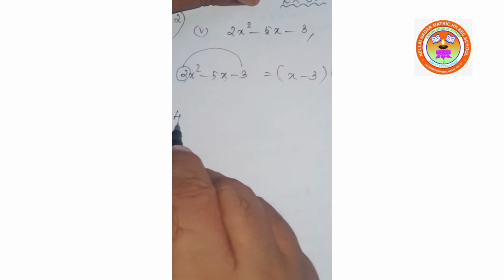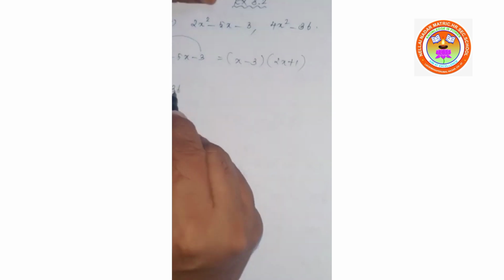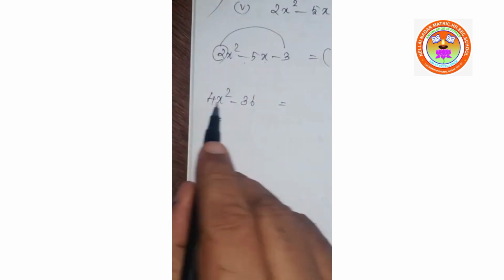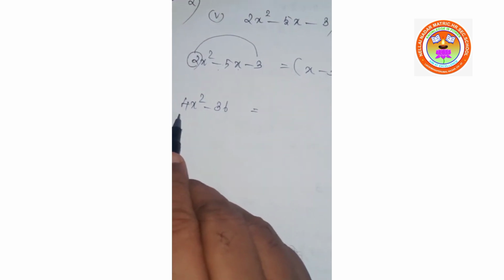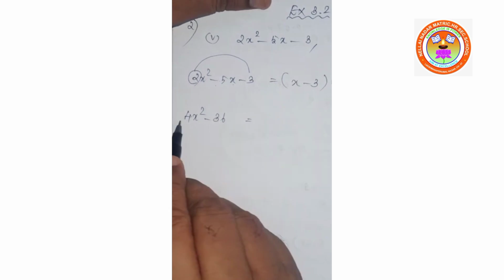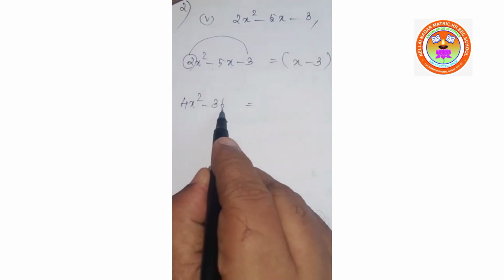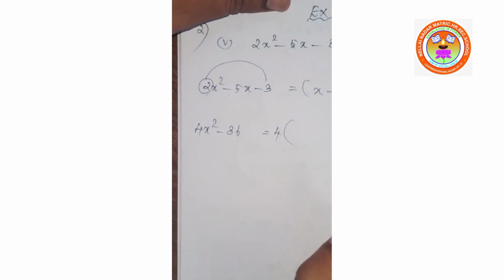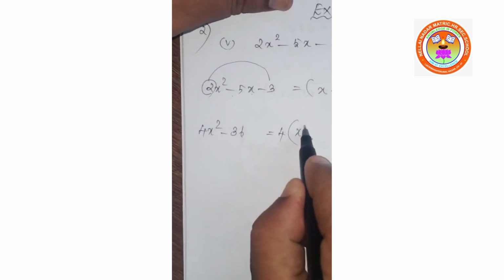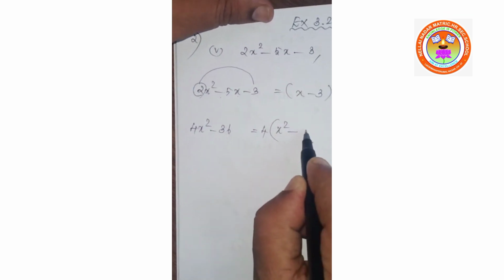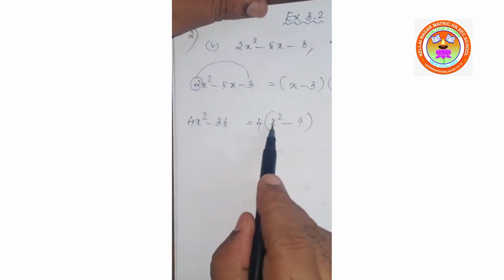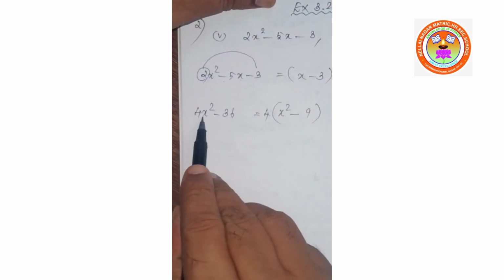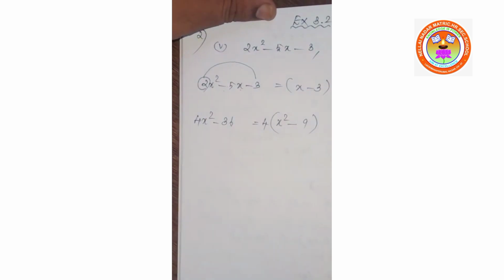Next one, 4x squared minus 36. Before factorizing, we have to take out the common factor. 4 and 36 are both in the 4 table, so take 4 as common. If you take 4 as common, you will be getting x squared minus 9. 4 into x squared is 4x squared, 4 nines are 36.